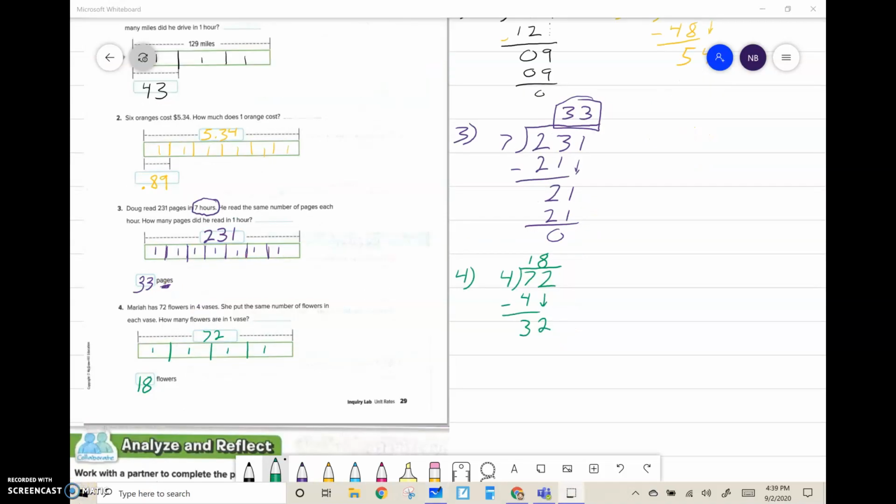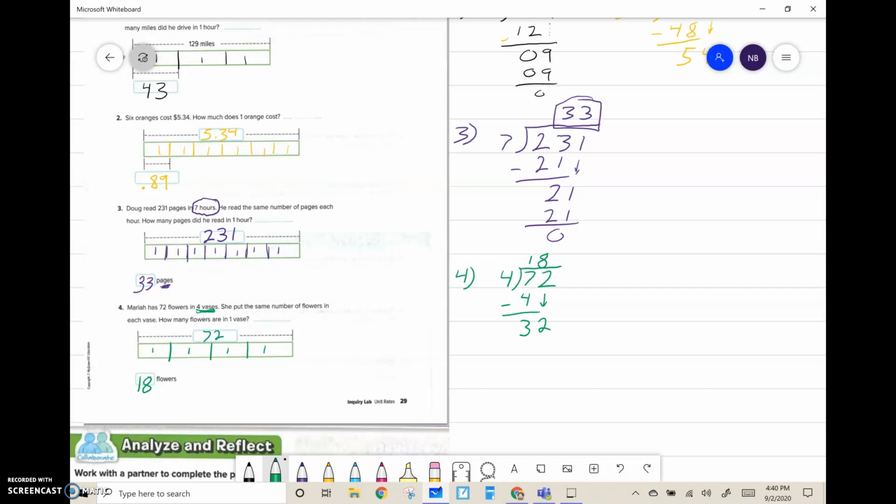Okay, moving down to number 4, it's going to be a rinse and repeat the same way. This time we're going to break the bar into 4 different pieces because we have 4 vases. If Mariah has a total of 72 flowers, we're going to divide those 72 flowers by the 4 vases so we can figure out how many flowers are going to go inside one vase.